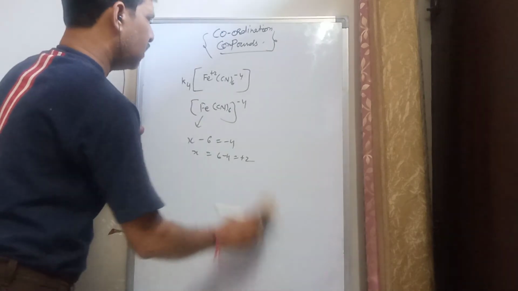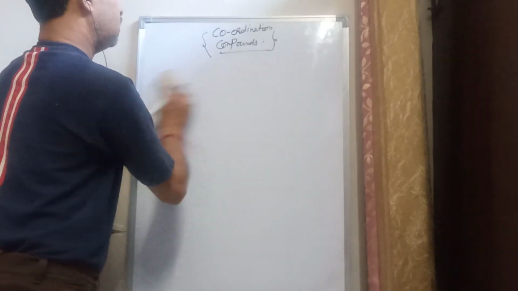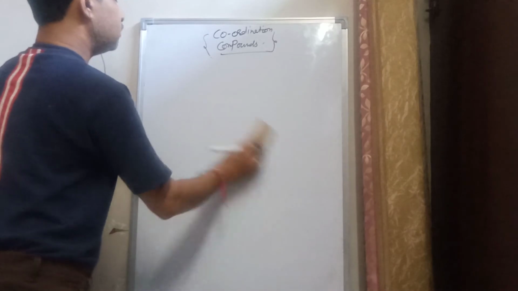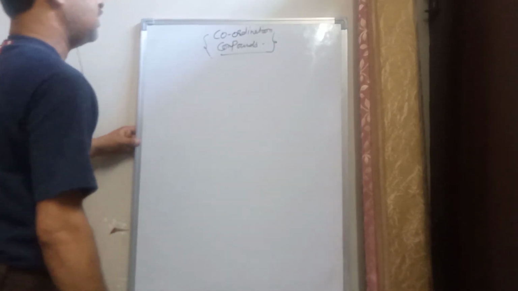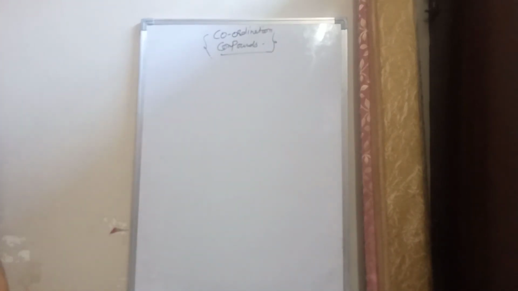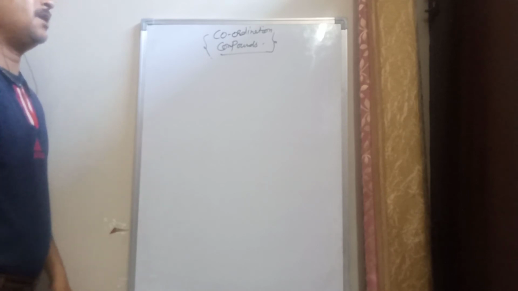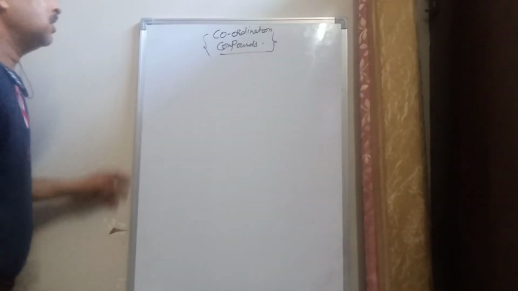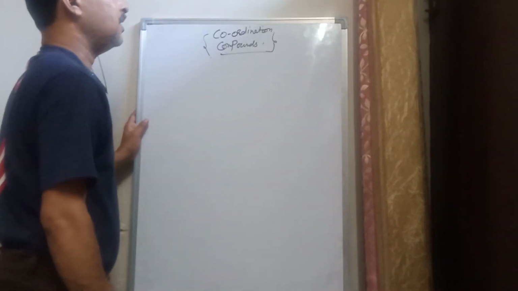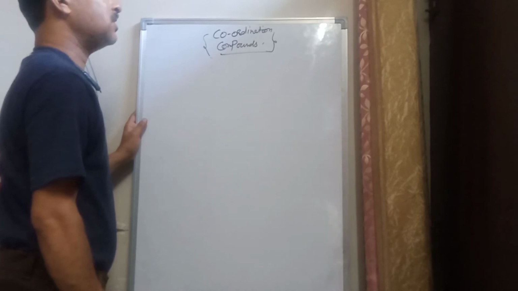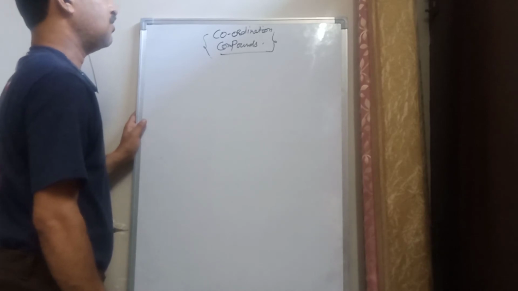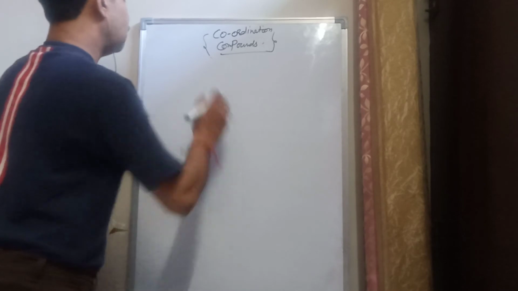In the same way we can also define the coordination polyhedra. Coordination polyhedra again is the coordination entity in which we usually write the central metal atom or ion in the coordination sphere along with its ligand species. The spatial arrangement of ligand species around the central metal atom or cation in the coordination sphere is known as coordination polyhedra.